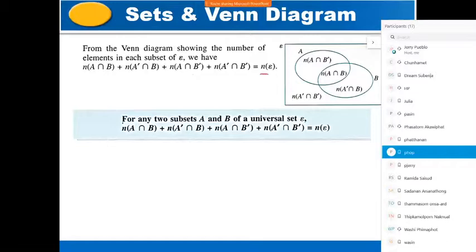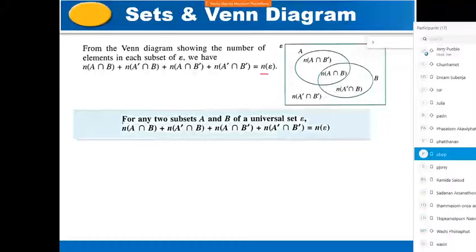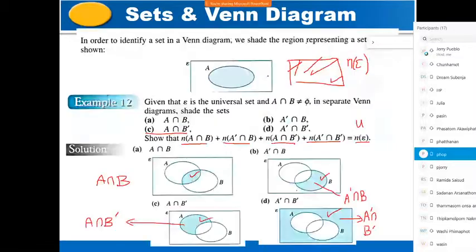That's why show already, this is the notations, right? This is the outside. This is the A intersect B, A intersect B complement, A complement intersect B, and A complement intersect B complement. This is the universal set. Okay, like this one.